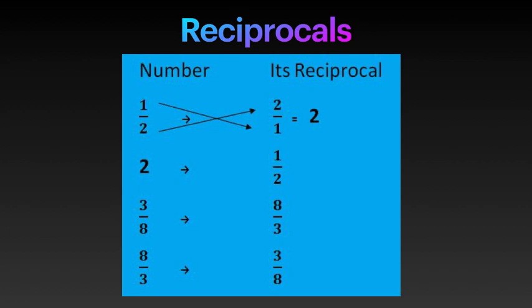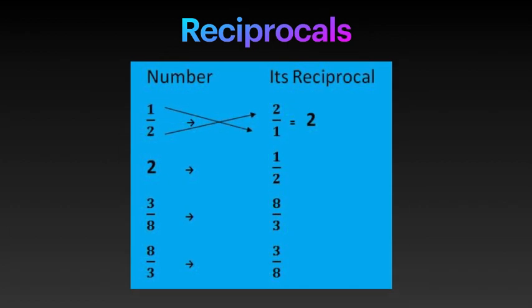Now let's take our next example. Let's search for the reciprocal of 2. Now you know there is a 1 below 2. That means 2/1. If we turn 2/1 upside down, it becomes 1/2, which means half. So the reciprocal of 2 is 1/2.